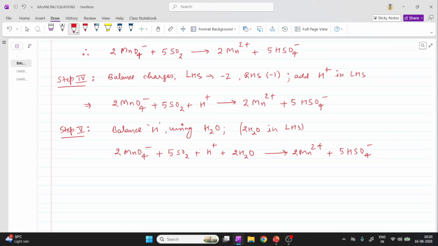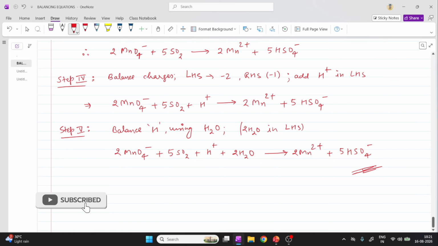So hydrogen is balanced. Now calculate oxygen. This is O4, 4 2s are 8, and this is 2, 5 2s are 10. So 10 and 8 is 18, and this is 2, so 20. 20 oxygen on the left side. On the right side I have O4, 4 5s are 20. Fine. So this oxygen is also balanced.